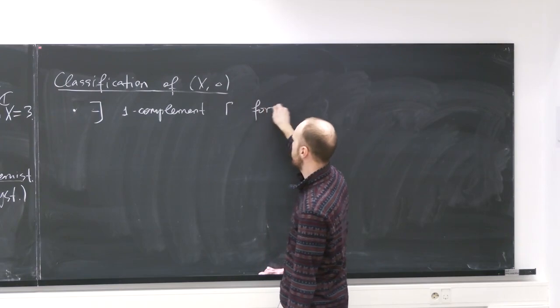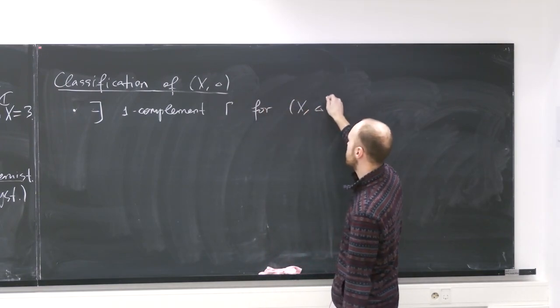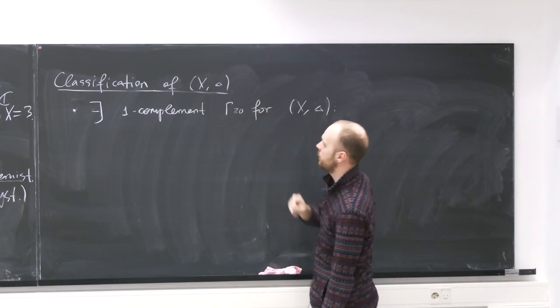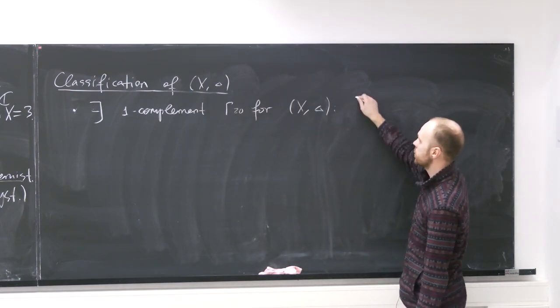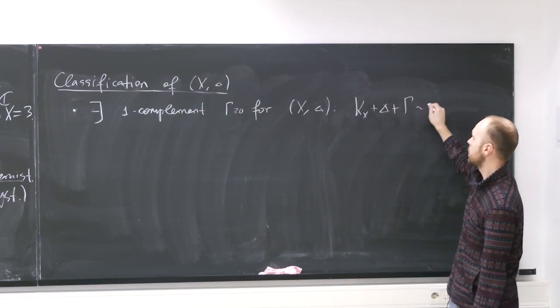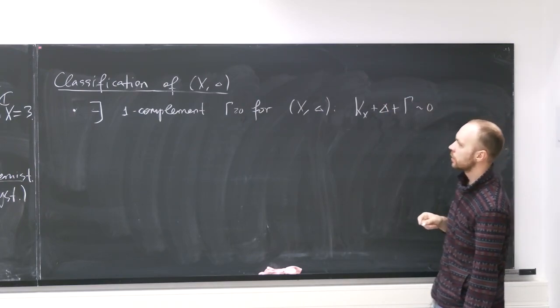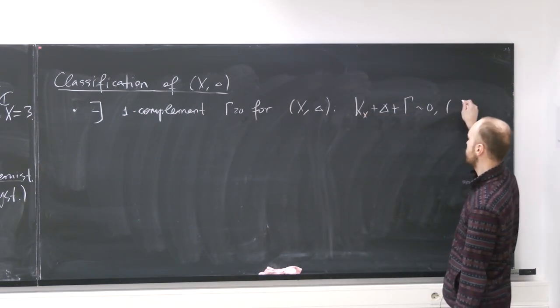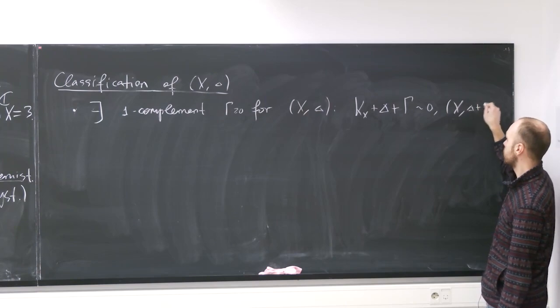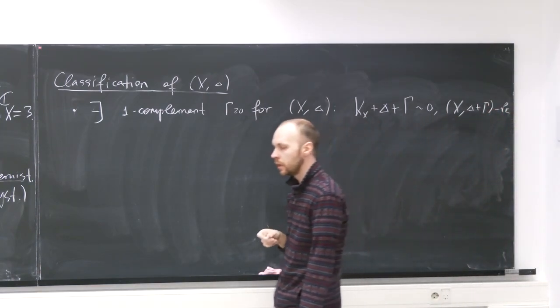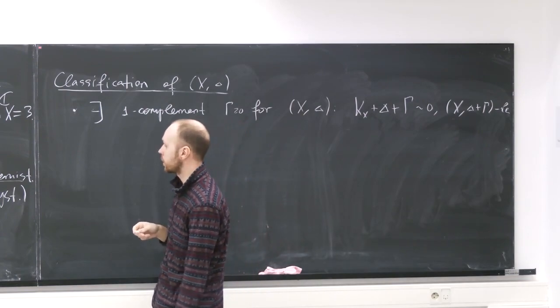Γ for the pair (X, Δ), which means that Γ is some effective divisor such that K_X + Δ + Γ is linearly equivalent to 0. So Δ is an integral divisor, and the pair (X, Δ + Γ) has good singularities, namely it has log canonical singularities.